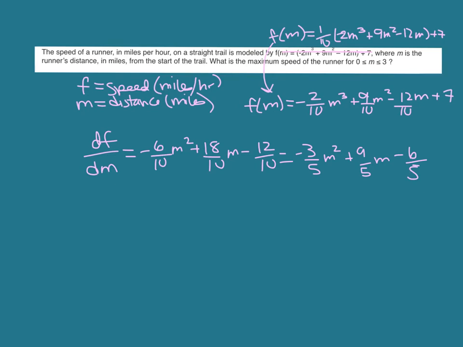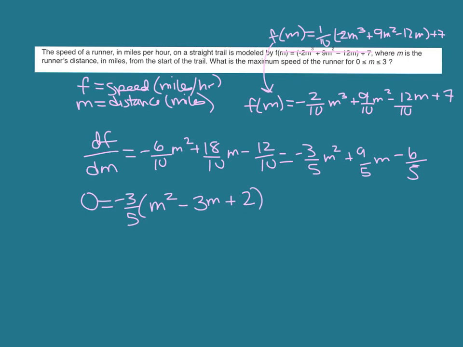So I'm going to find my derivative and set it equal to 0. That will give me my critical values. Then I can find my maximum. So I am actually going to factor out my greatest common factor, which is 3/5. And I end up getting m squared minus 3m plus 2.